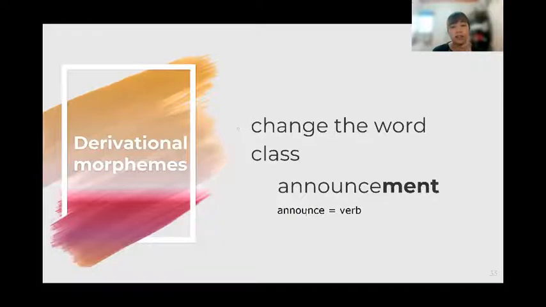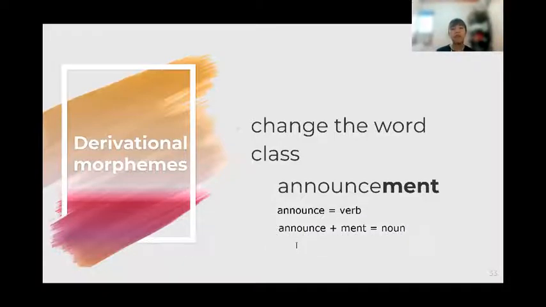It's an action. So of course, if it's a word that describes an action, it's a verb. Announcement, when you add ment, is no longer a verb. It became a noun already. So, announce plus ment equals announcement, it became a noun.